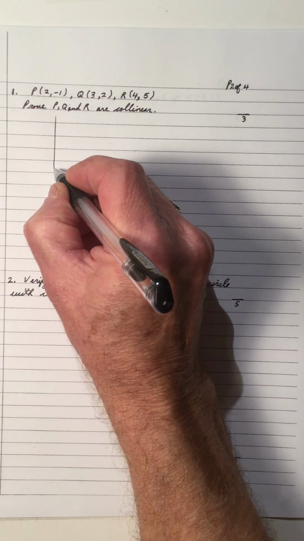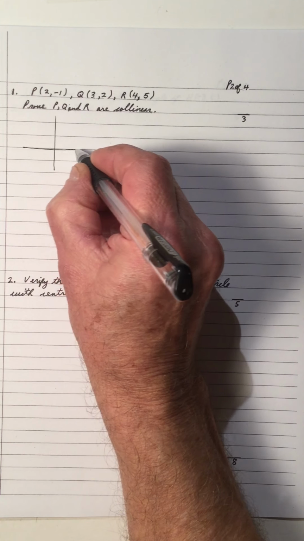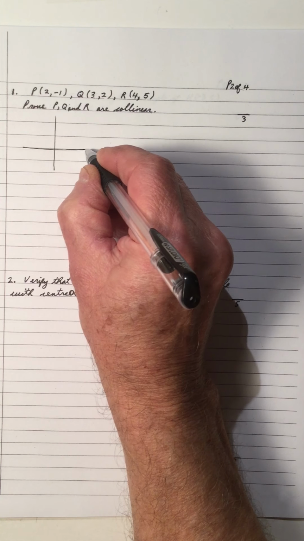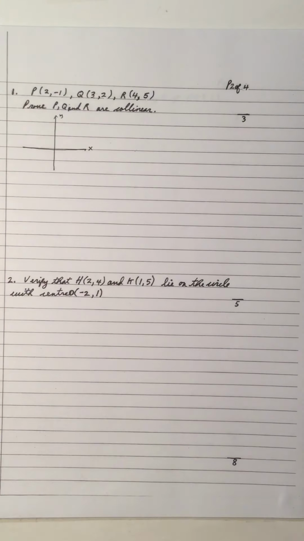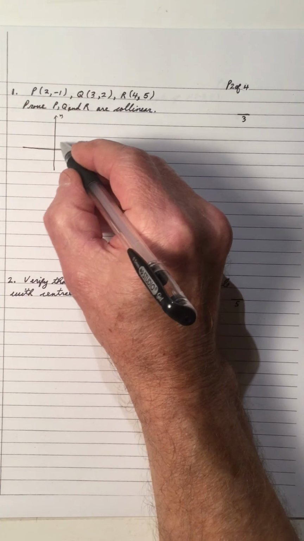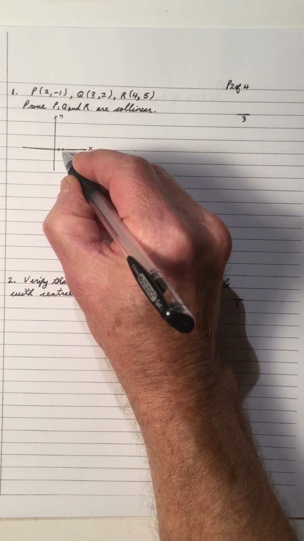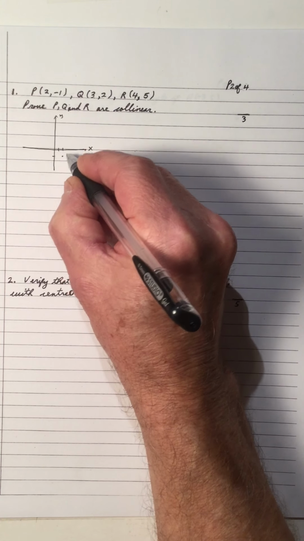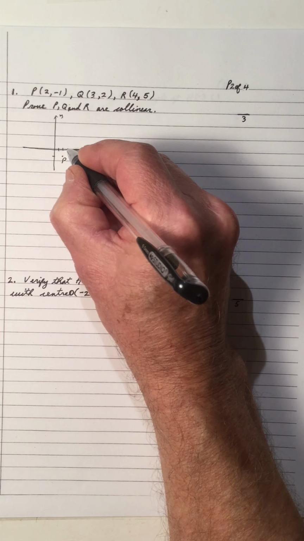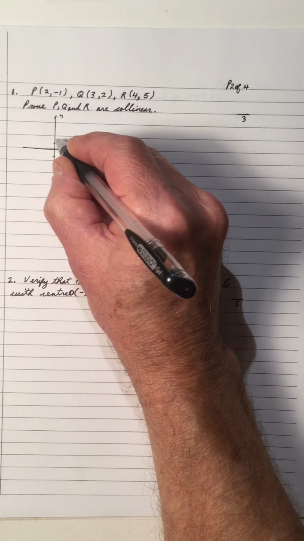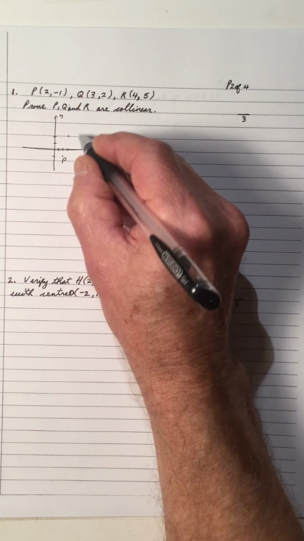And again, to represent that, let's draw a diagram. Again, we should know that's the x and that's the y-axis. So the point P is (2, -1), right there. Q is (3, 2). So let's say it's there.